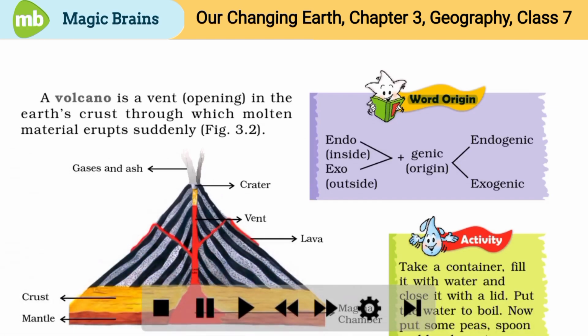Also, we have a section about word origin. Endo means inside, exo means outside. Combining these with genic, which means origin, we get the two words endogenic and exogenic.